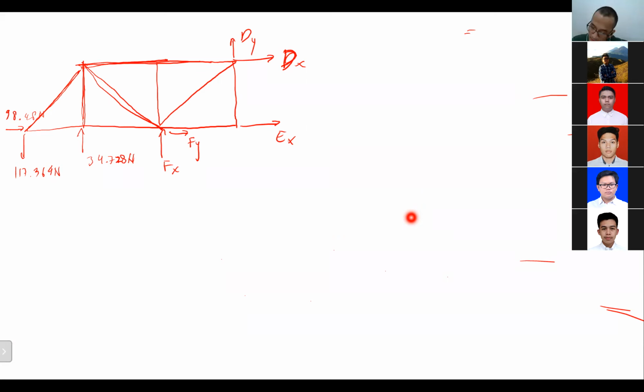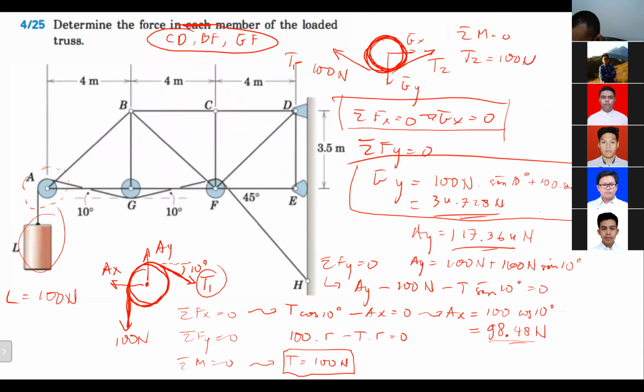And just now, the members that we need to find are CD, this one, DF, this one, and GF, this one.